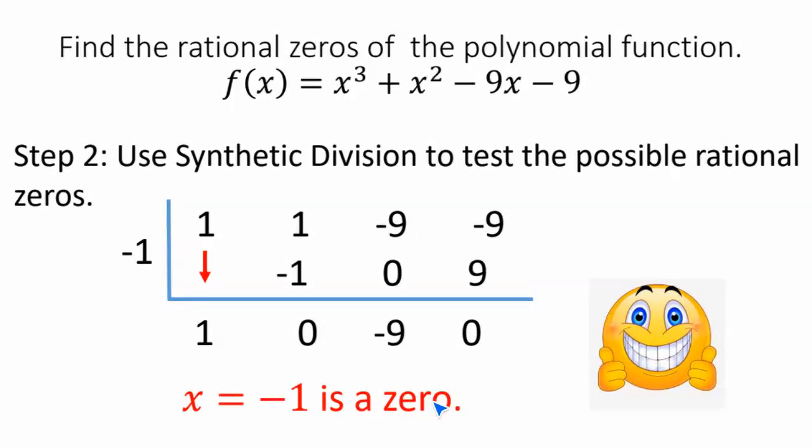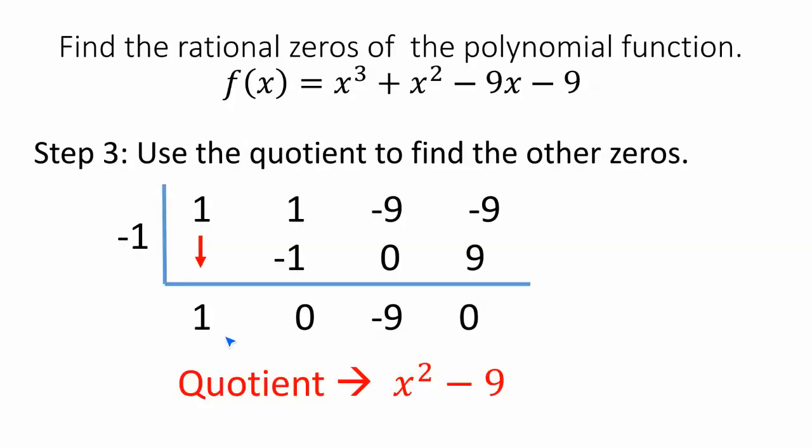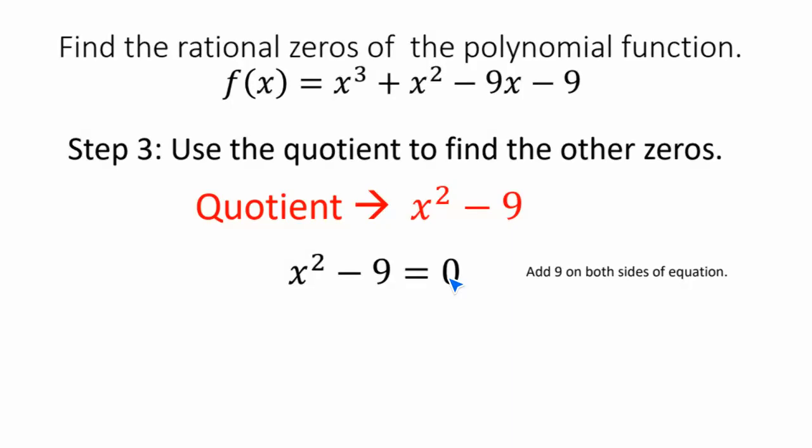But more importantly, we can take our quotient, what's remaining here. Since we started with x cubed, this first number here, 1, our quotient is going to be x squared for the 1, x squared. There's no x, and then we have our -9. So we can take our quotient and set it equal to 0 to find the rest of the zeros.